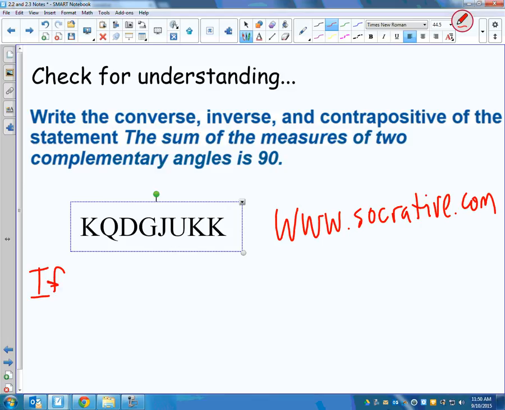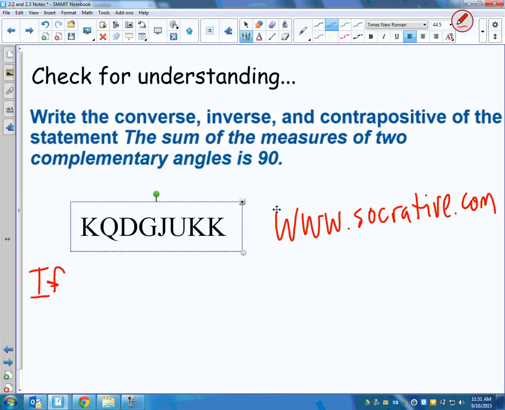If two angles are complementary, then their sum is 90. I feel like you have to kind of break this one up, because you can't really say if the sum of the measures of two complementary angles is 90, then what are you gonna say after that?